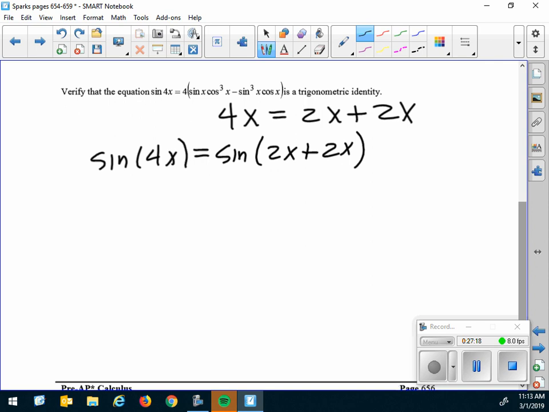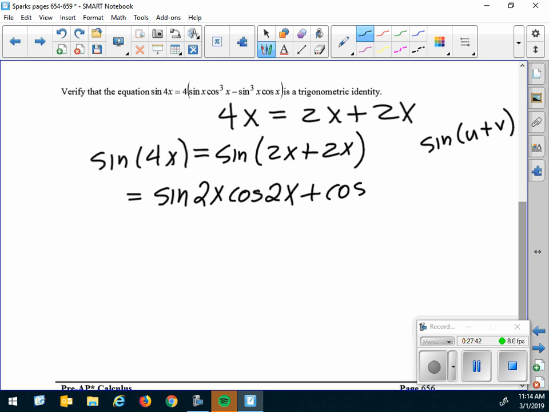You with me there? Now I'm going to use my sine of u plus v formula. What am I going to substitute in for u? 2x. What am I going to substitute in for v? 2x. So this is going to be sine of the first cosine of the second plus cosine of the first sine of the second.